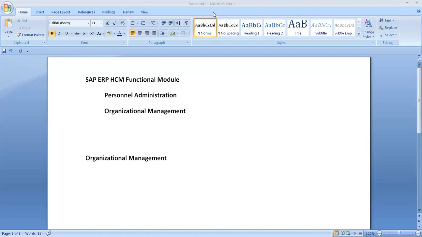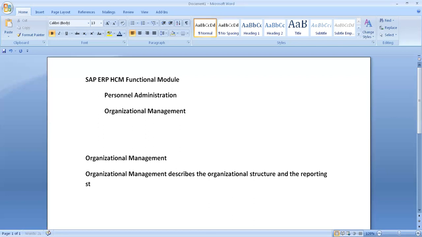Okay, let's talk about organizational management. Organizational management deals with, or describes, the organizational structure and the reporting structure within a specific period.